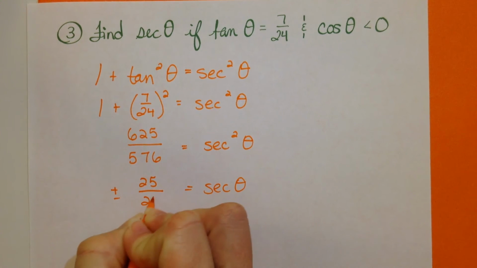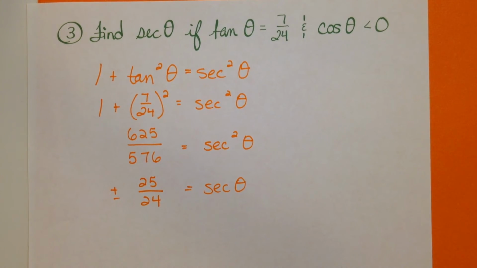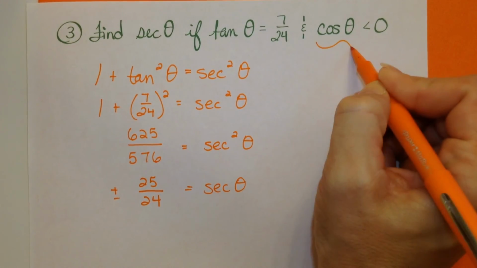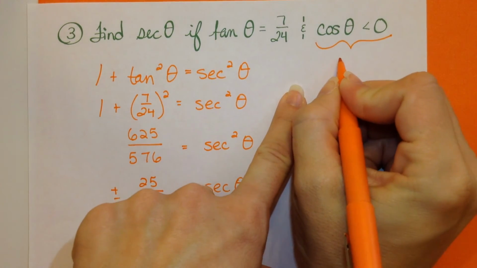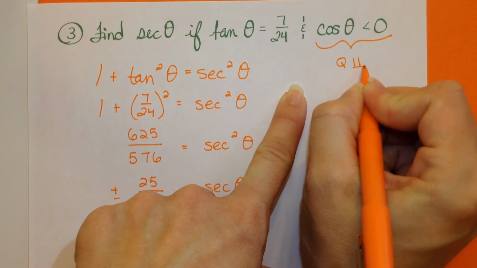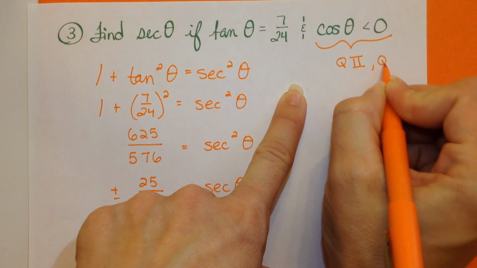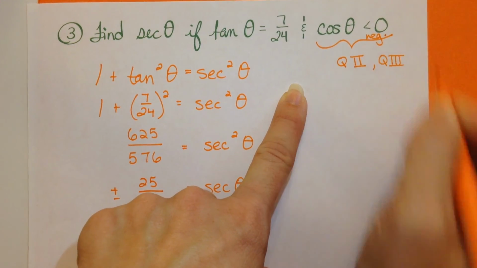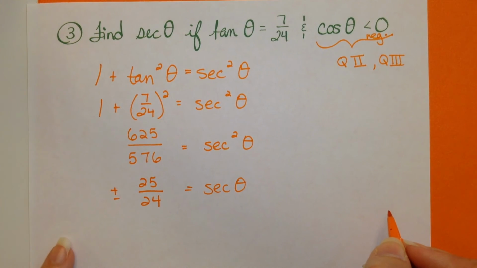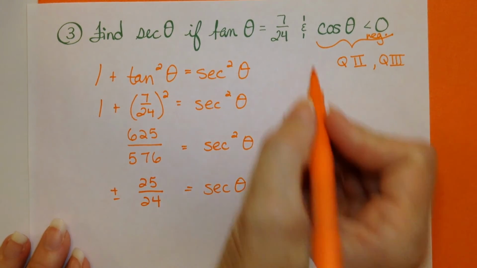Yes, it is. Okay, now you're not directly given the quadrant this time. You're just told that cosine is negative. So cosine is going to be negative in the second quadrant and in the third quadrant, because if you're less than 0, that means you're dealing with something that's negative. So I've got to have something else here now to let me decide between those two quadrants.